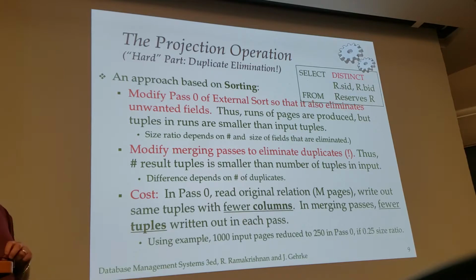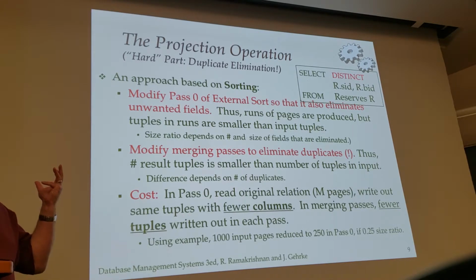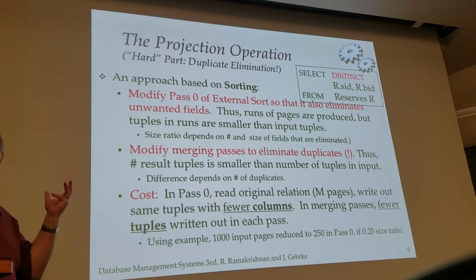So you're trying to do a select distinct, getting 8 fields out. Don't bother with the other 992. Just keep the 8 fields that you care about. You sort based on those. You fit a lot more inside your blocks if you only have to deal with 8.